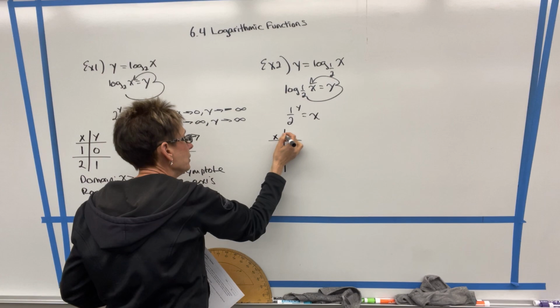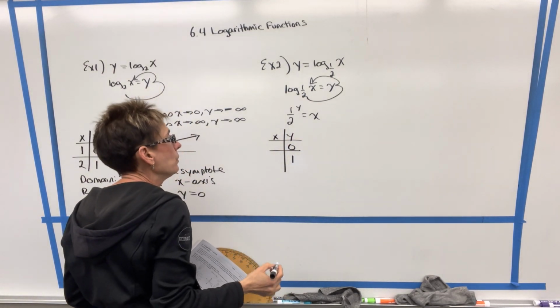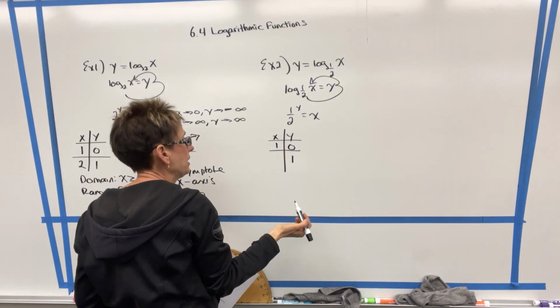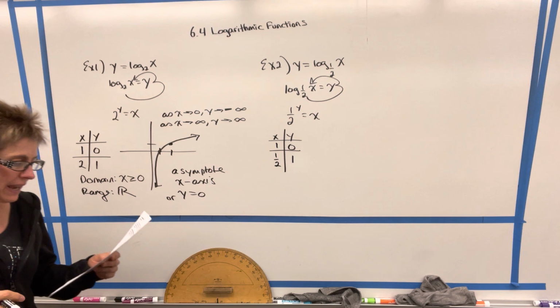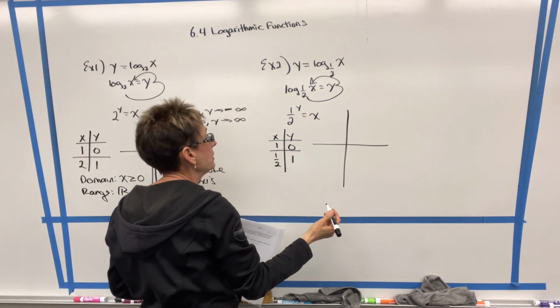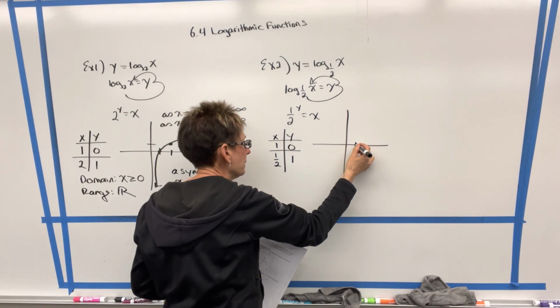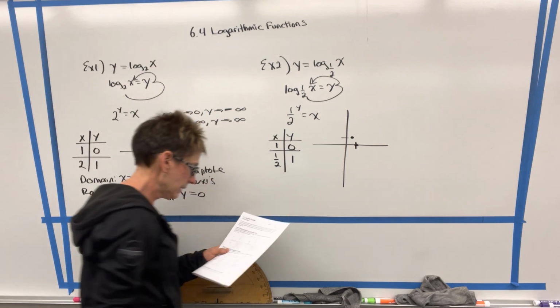And again, I'm going to do a t-chart with two values for y, 0 and 1. When y is 0, x is going to be 1. And when y is 1, x is going to be 1/2. So I'm going to plot these points. I'm going to go 1 over and 0 up, and 1/2 over and 1 up.